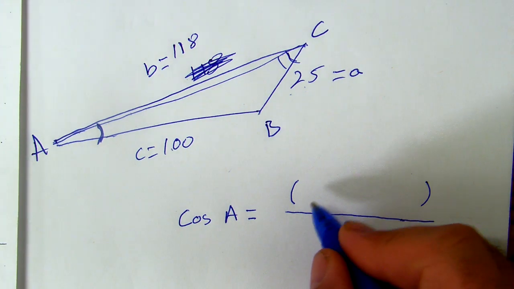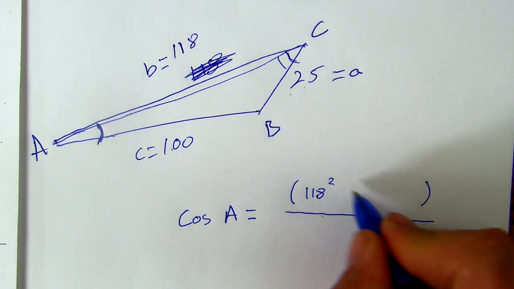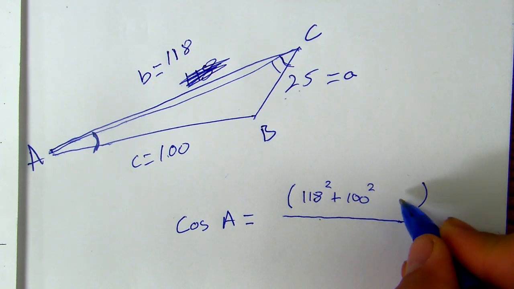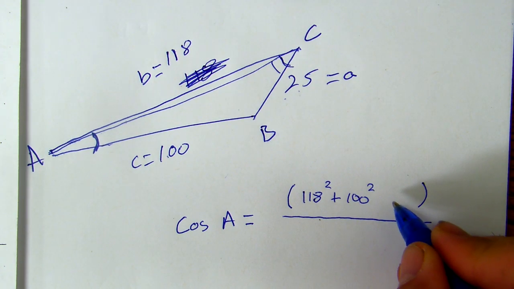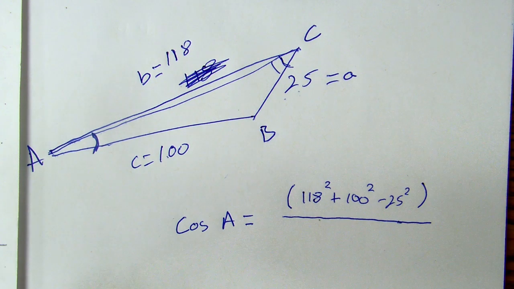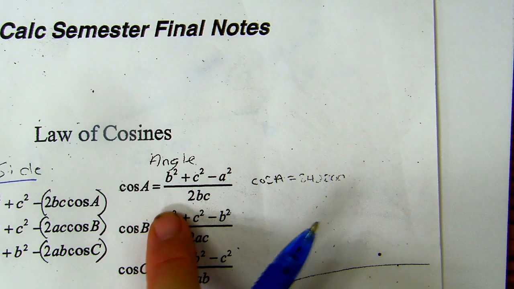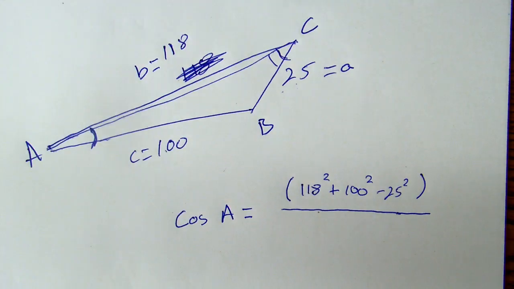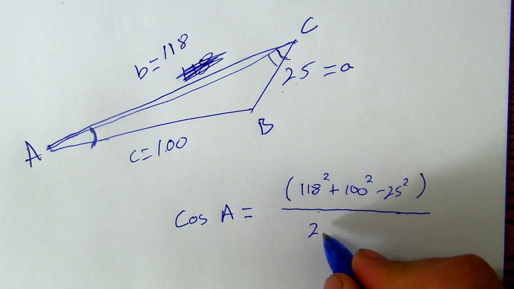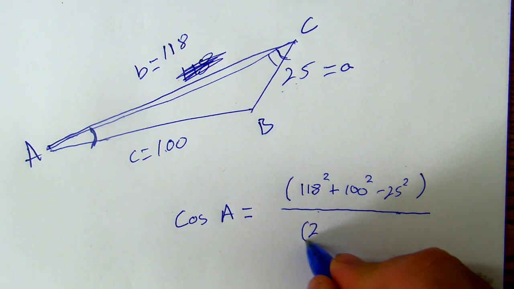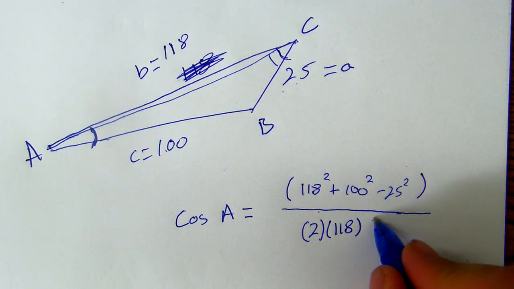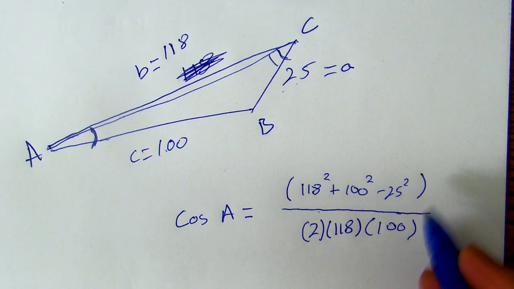So when I take b squared plus c squared minus a squared, like I said, I'm just following right off there. B squared plus c squared minus a squared, and that's all divided by 2 times b times c.